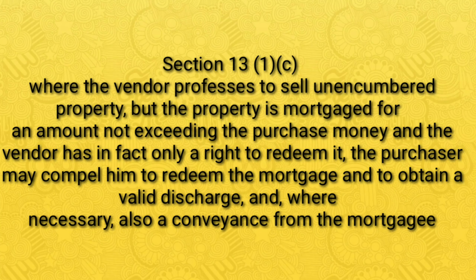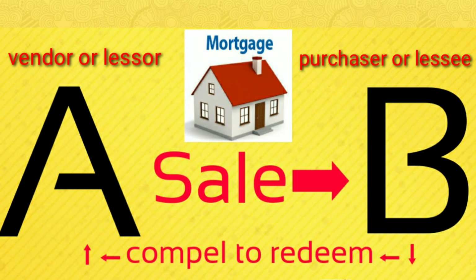But later on, the purchaser of such property or lessee found that the property is under a mortgage, and the mortgage amount is not exceeding the purchase money. Alright, and the vendor is actually having a right to redeem it. So in this situation, the purchaser can compel him to redeem the mortgage and obtain a valid discharge over such mortgage.